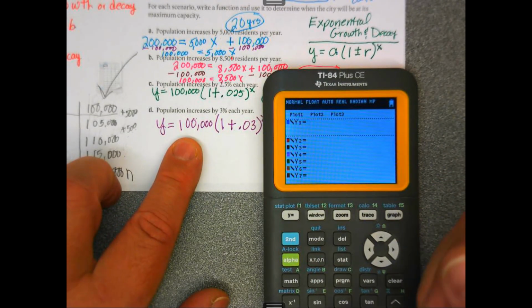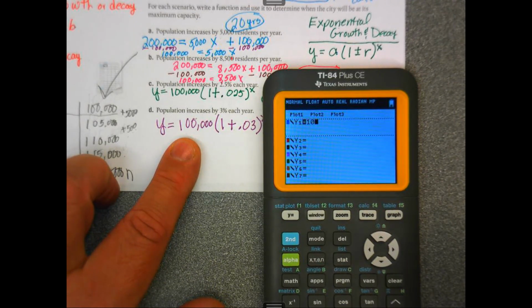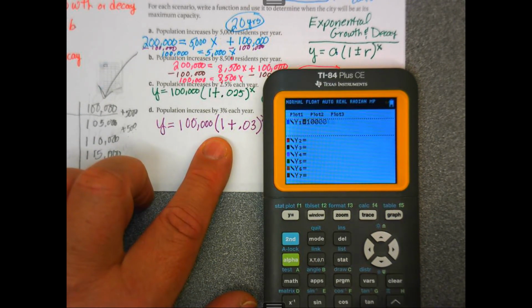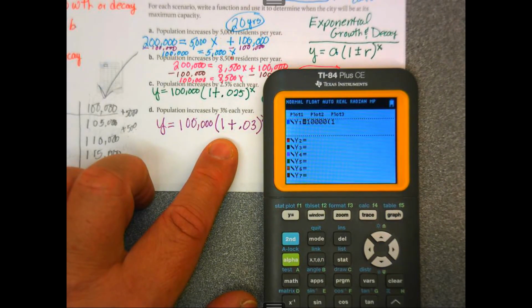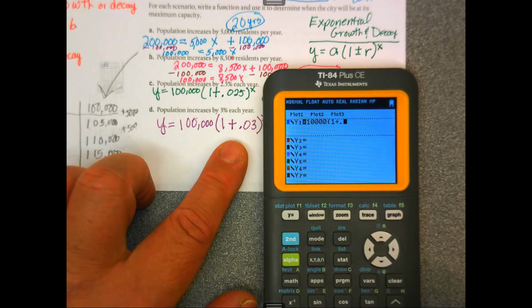Going to put in 100,000 times 1 plus 0.03 raised to the X. Graph it.